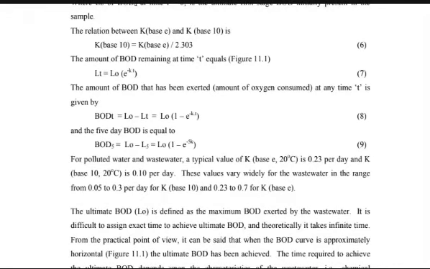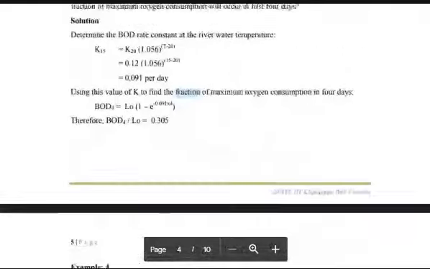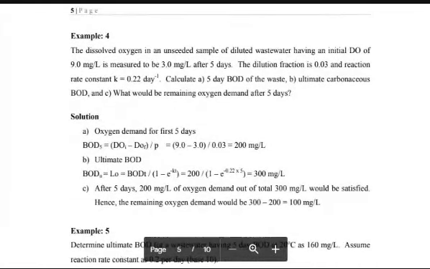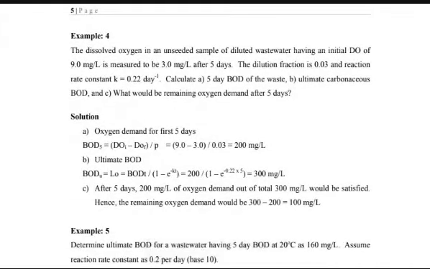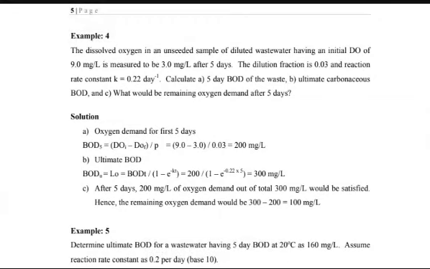The value of BOD5 is 200. This is to be calculated with 1 minus e raised to the power minus k, where I just check the value of k, and t is 5. The value of k is already mentioned, it is 0.22. There is no need to do anything because the temperature data is not mentioned, so we take the same k.